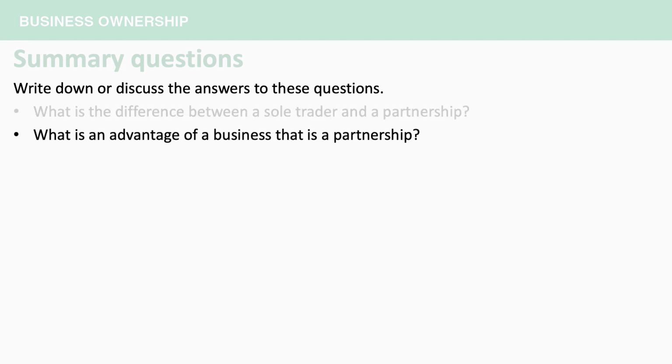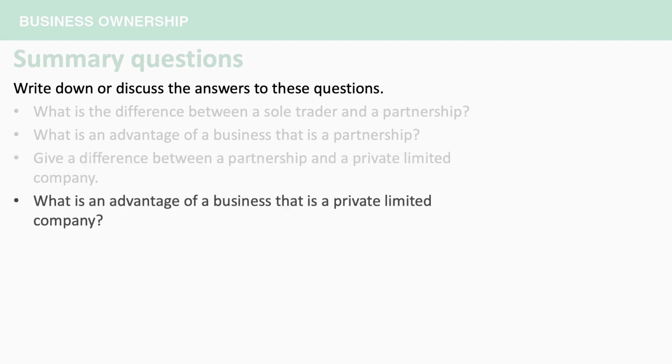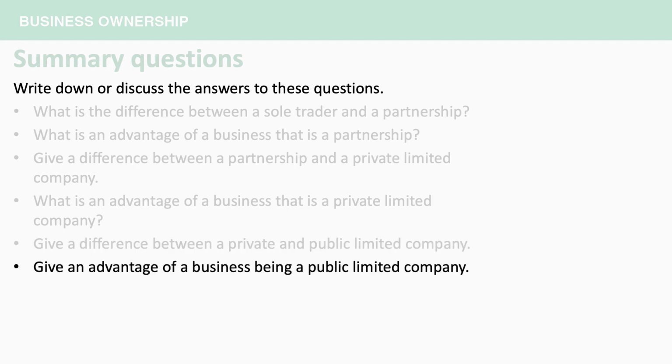What is an advantage of a business that is a partnership? Give a difference between a partnership and a private limited company. What is an advantage of a business that is a private limited company? Give a difference between a private and public limited company. And give an advantage of a business being a public limited company.